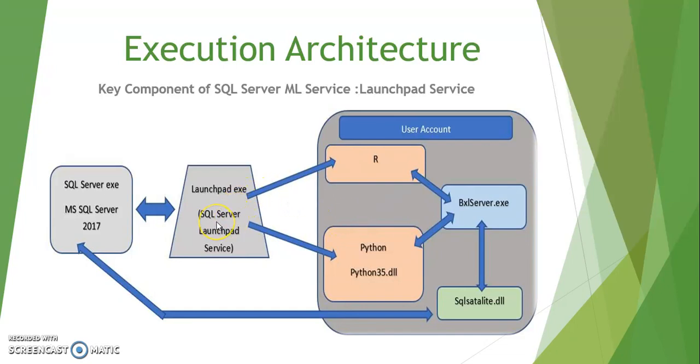Once the request is passed into the Launchpad service, it will hand it over to the Python process or the Python launcher, and it will do the data processing and calculation, everything, and pass the final result into the BxLD server. BxLD server will use the SQL satellite service to communicate the final result to SQL Server.